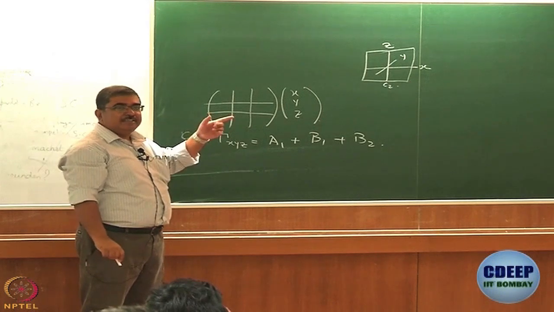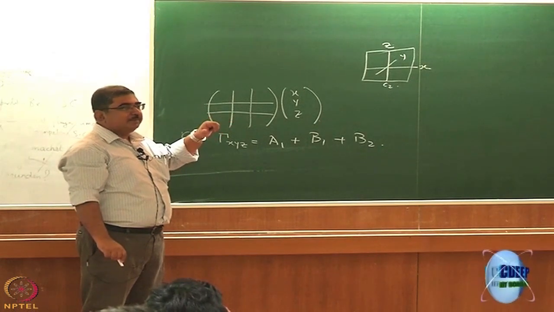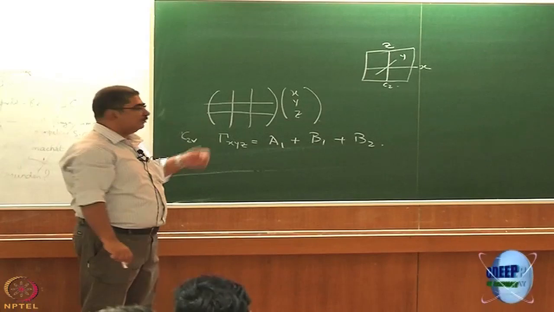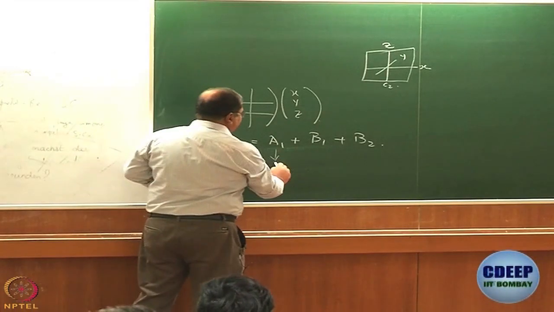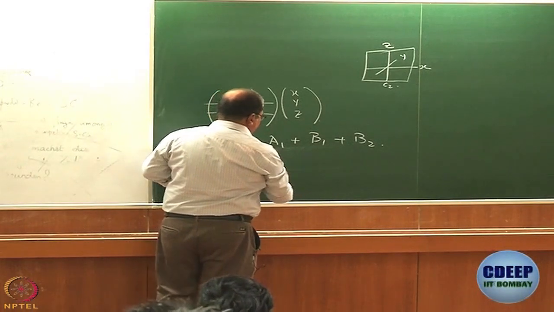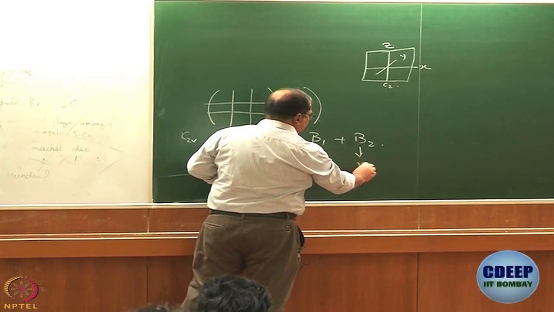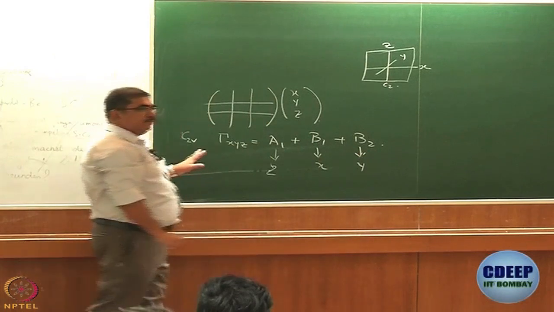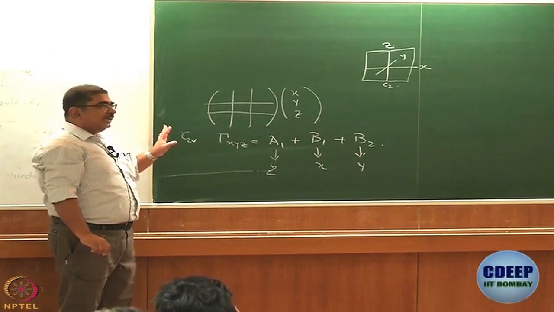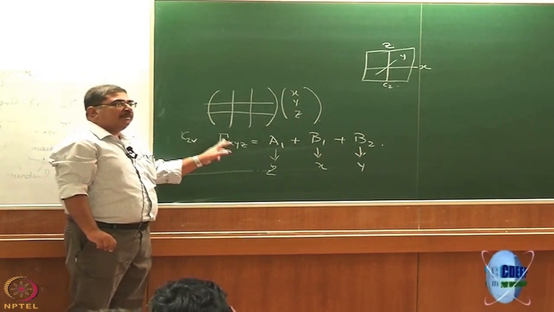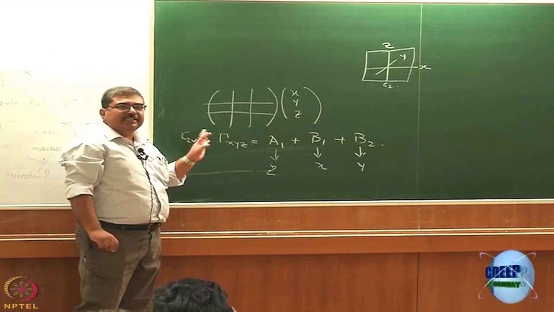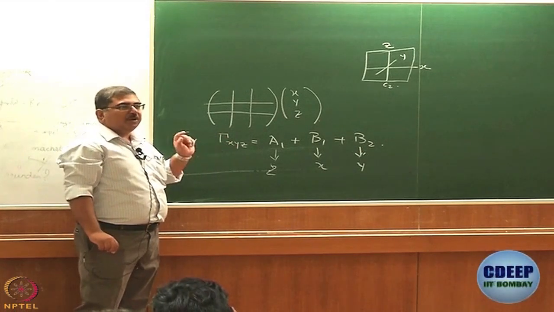X is on the plane, so character should be 1, y is perpendicular to the plane, character should be -1. So, A1 is for z, B1 is for x, B2 is for y. Okay. So, gamma x, y, z can be written as a sum of irreducible representations where A and B belong.